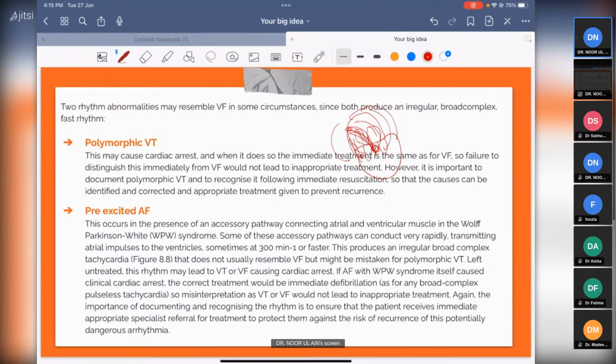Yes, so it's a broad complex tachycardia. Because I just said that there are accessory pathways, and those pathways send impulses from your atrial activity so quickly. Wolff Parkinson White syndrome is a broad complex tachycardia.